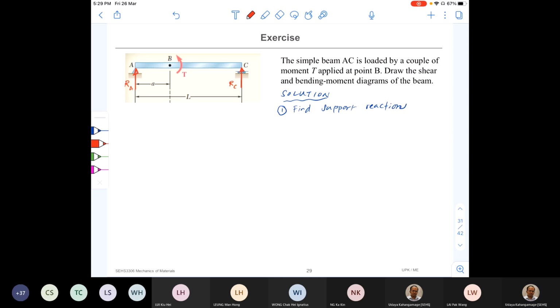Okay. So can you find out RA and RC? We'll first find out RA. I don't think we need RC. Okay. So we'll take the moment about C. Sum of moments about C, MC, should be equal to 0.